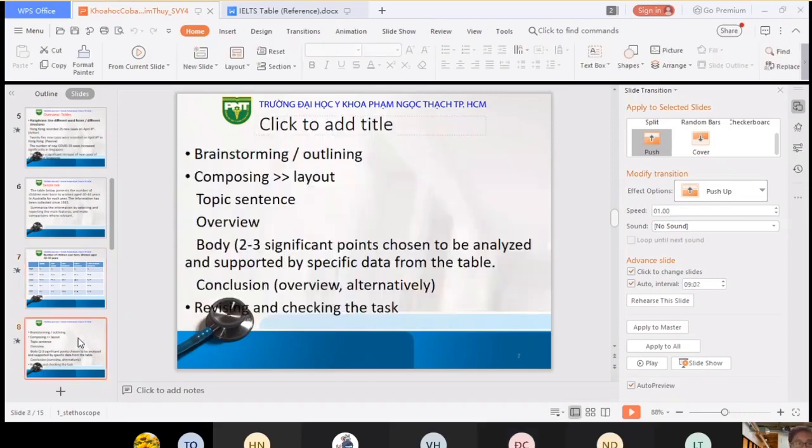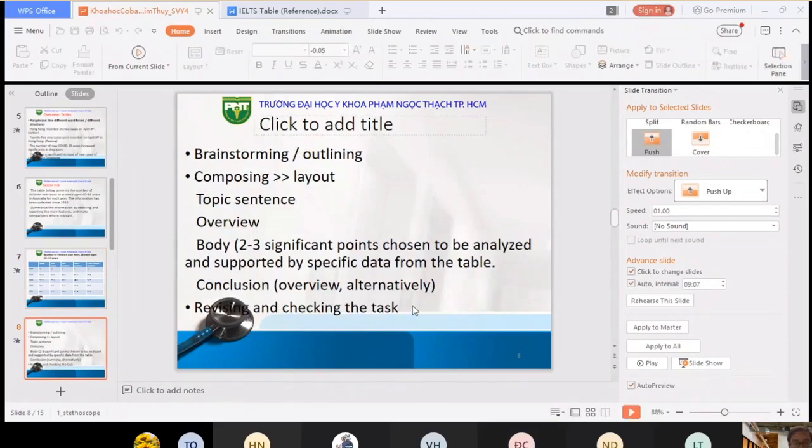Can we just continue? So we continue brainstorming. Let's talk about brainstorming and outlining.